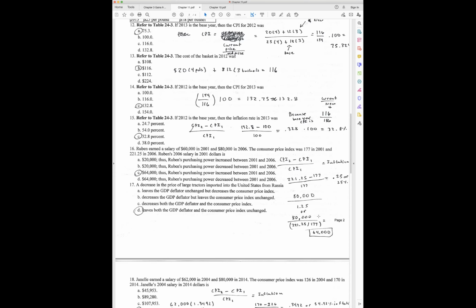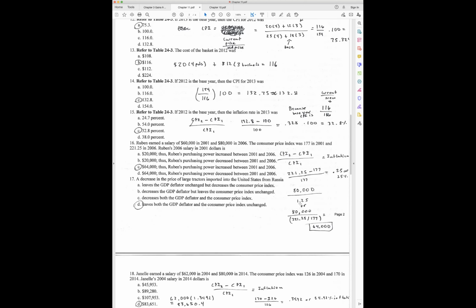It would be the same as doing 80,000 times 0.25 and then subtracting that from 80,000. But regardless, you can also do it by dividing by the CPI. Your answer is going to be 64,000 when you leave it like that.